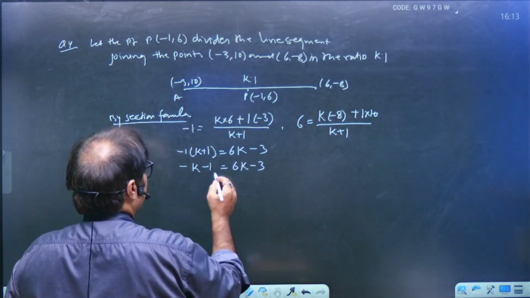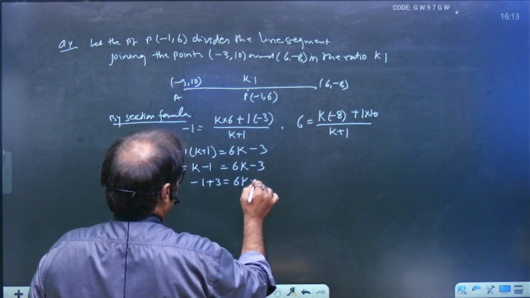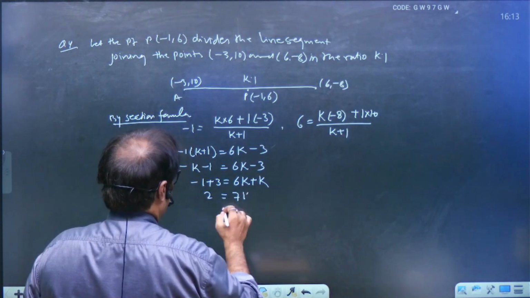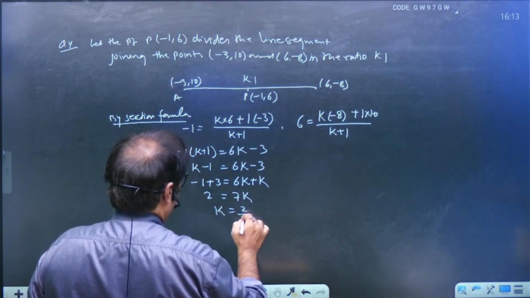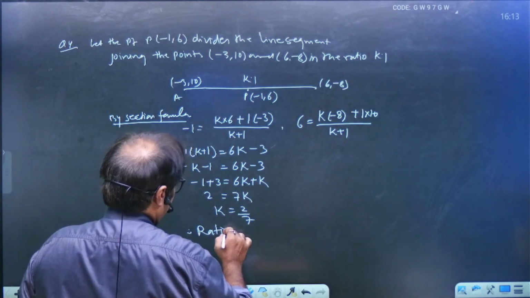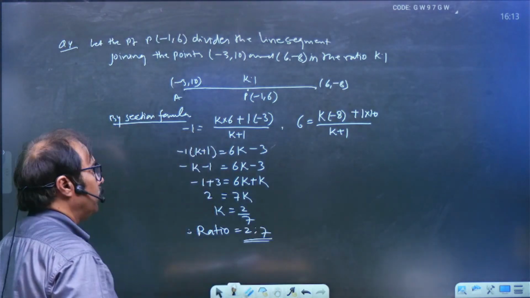Do the like terms. So -1 plus 3 is equal to 6k plus 1k. So 2 is equal to 7k. So k is equal to 2 by 7. So therefore the required ratio is 2:7, and this is the answer of your question.